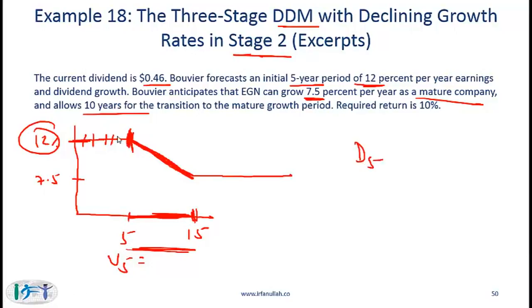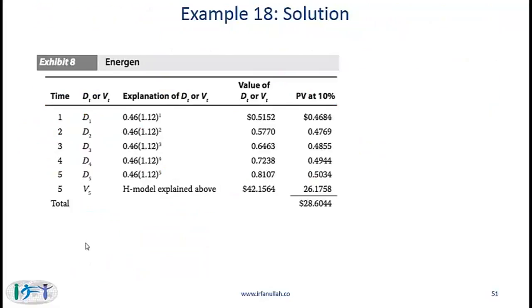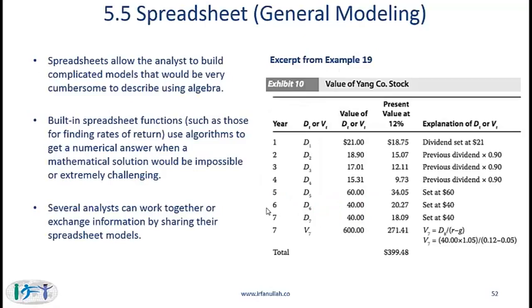The H is going to be half of 10, which is 5. And the short-term growth rate is going to be 12%. The long-term growth rate is going to be 7.5%. So you will come up with the value of V5 and discount that back also. So here are the numbers. The answer that you should get is 28.6 roughly.